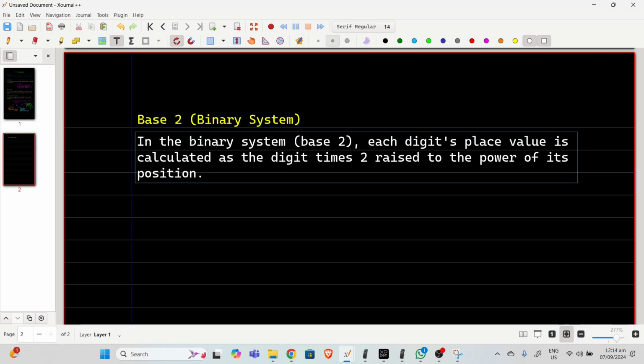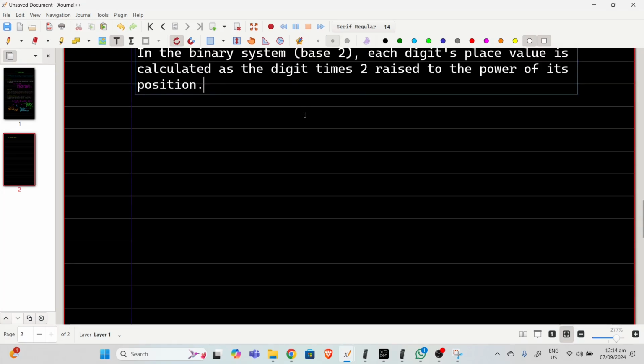Right? So notice it's the exact same thing as we did before. It's just that instead of raising 10 to the power of whatever, we're going to raise 2 to the power of whatever, because we are using a base 2 number system. So let's do an example quickly.